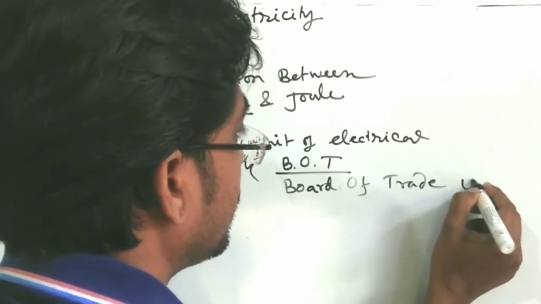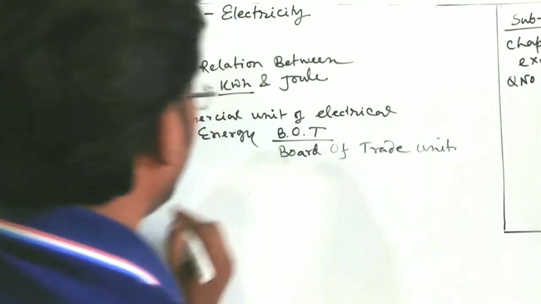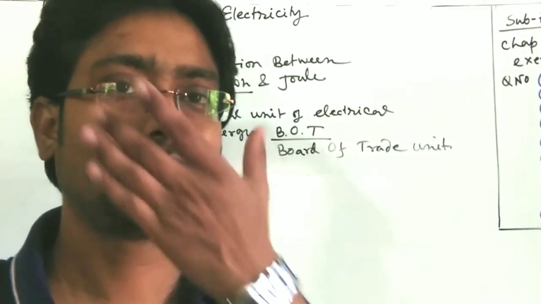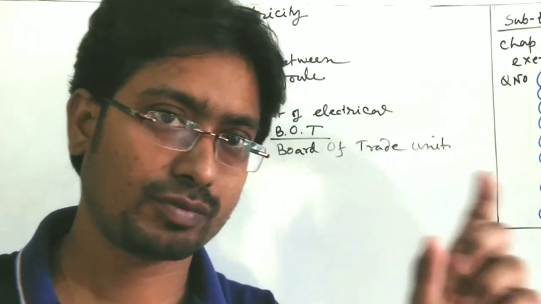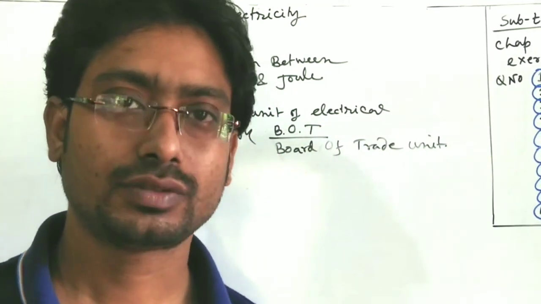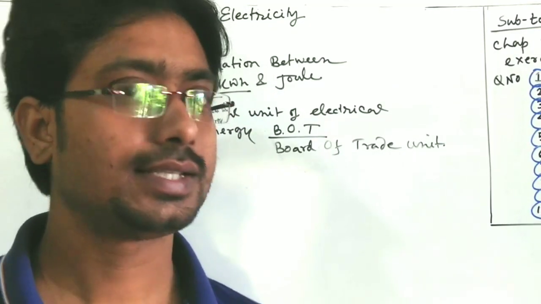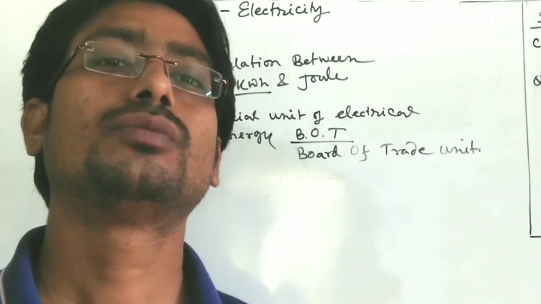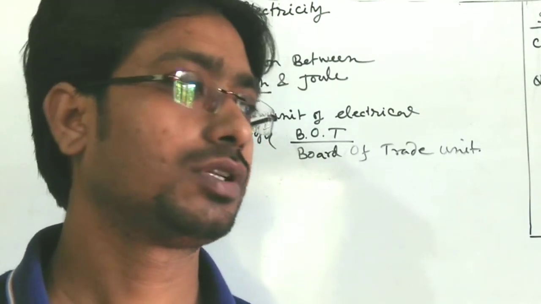And what is the relation between BOT? When the person comes from the electric office and takes the reading from the electric meter in your home, the reading is taken in the BOT unit, the board of trade unit. I will show you it is a bigger unit with respect to the joule.